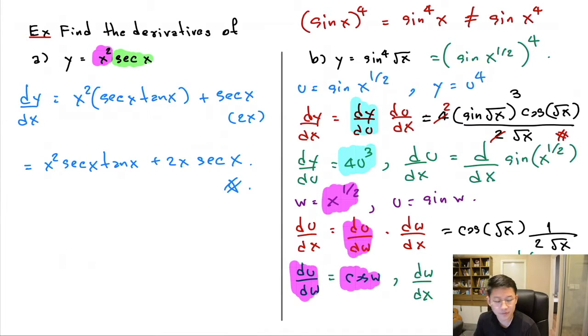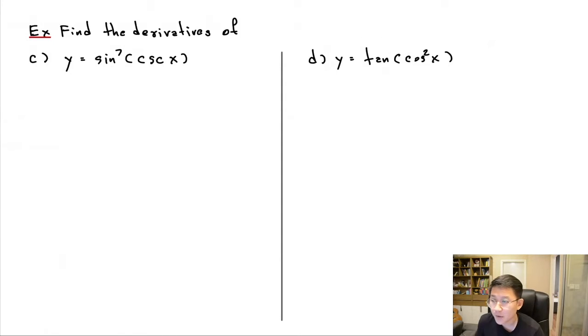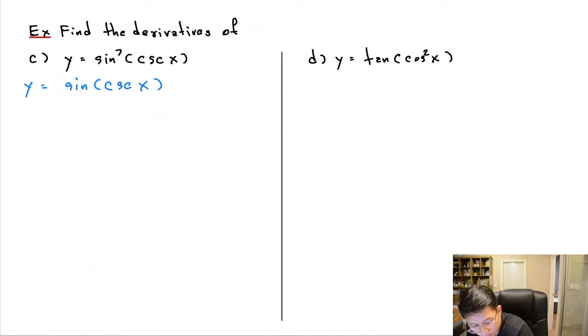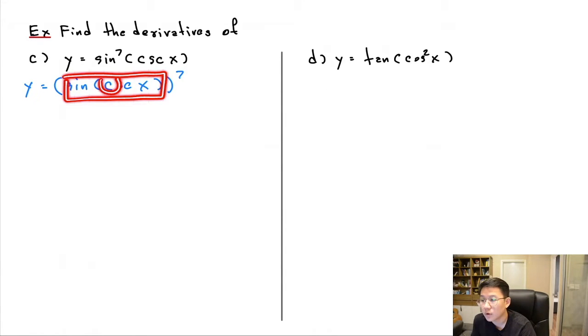Okay, the next question here, it's sine of what? Let me rewrite it. It is sine of cosec x to the power of 7. As you are already familiar with it, here I'll let this be u, because we know how to differentiate u to the power of 7.